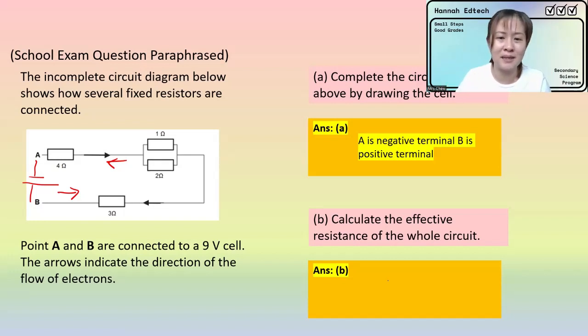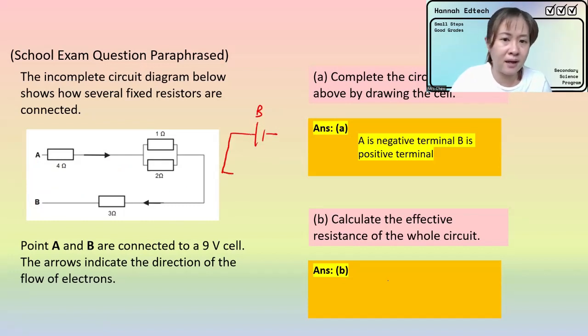All right, so basically I'm going to show you how I will usually ask my students to redraw this. If this is B, this is A. So coming out from B, I will hit the 3 ohm resistor first. Then I will hit the parallel portion. Please make sure you find the effective resistance for this parallel portion first.